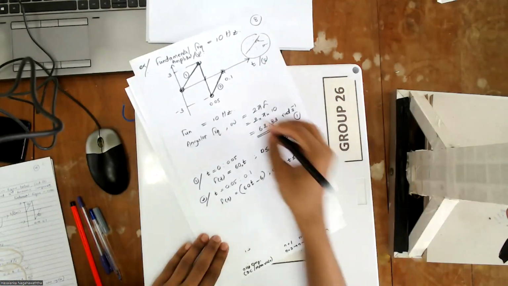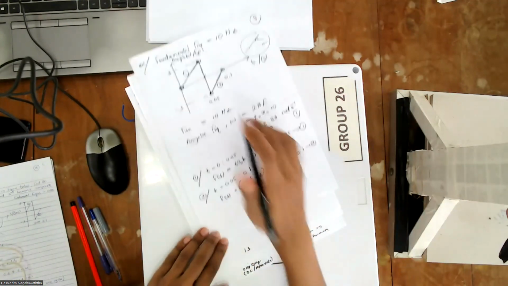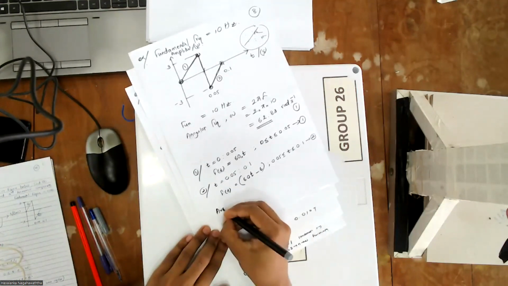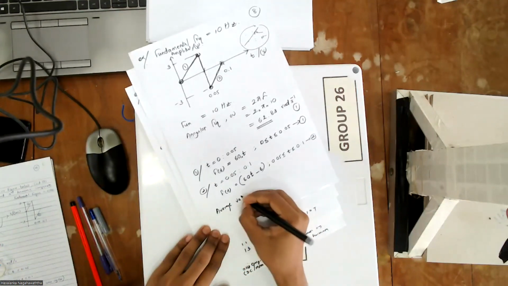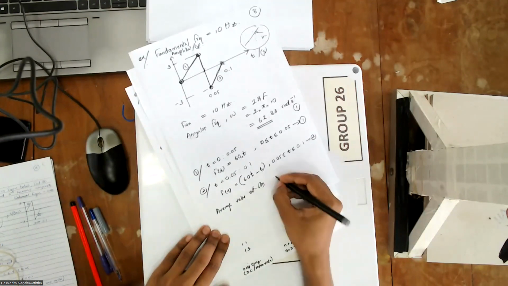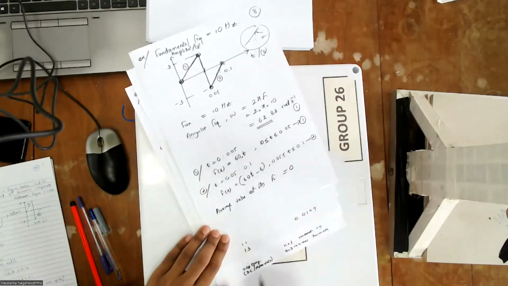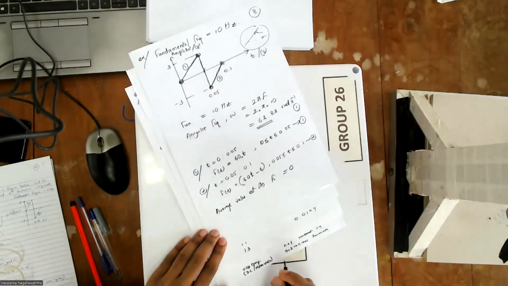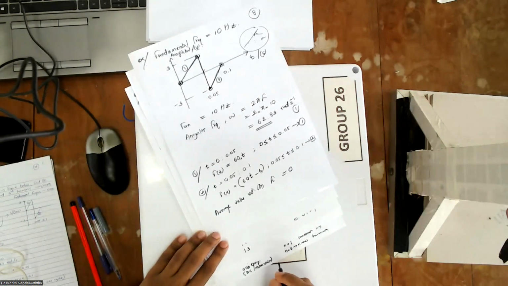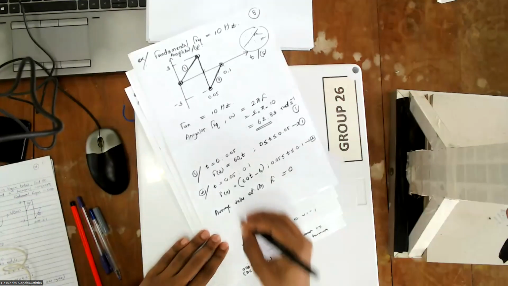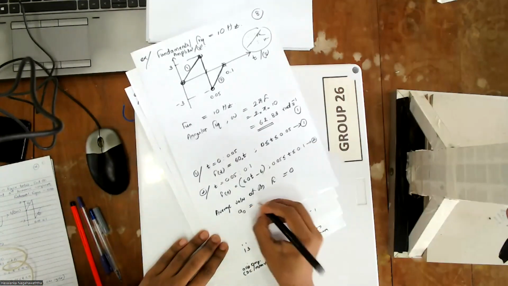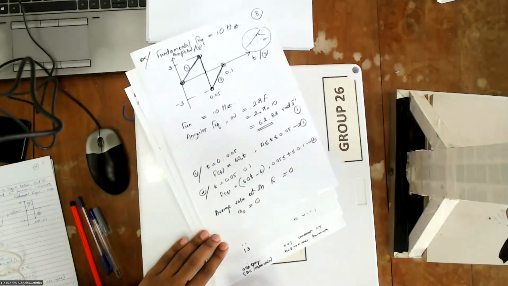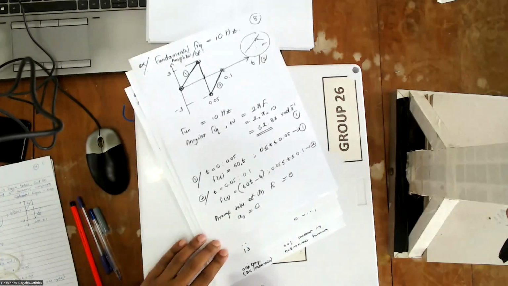Then the average value of the function is 0 for any cycle. Then according to your Fourier series theories, A naught is 0.